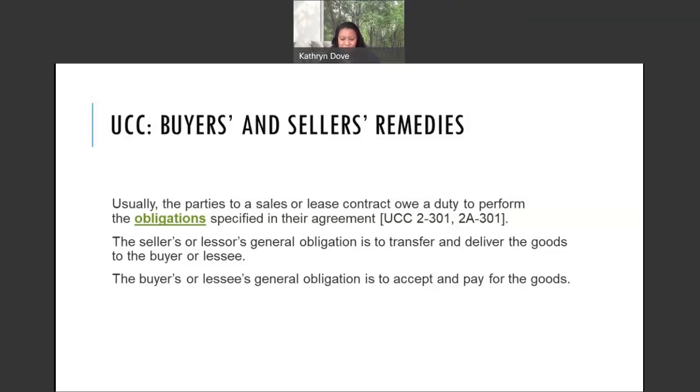Under that sales contract, the seller would have a duty to deliver the nails. The buyer would have an obligation to accept the goods and pay for the goods. This is all spelled out in the UCC.